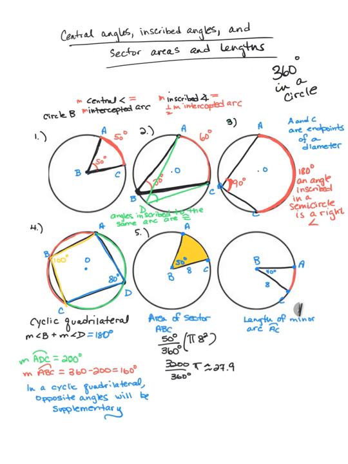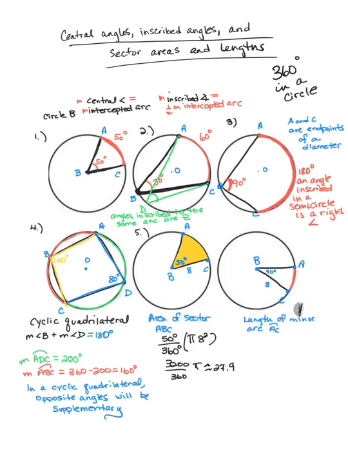If they ask you to leave it in terms of pi, you can just leave it as 3200 over 360 pi. And actually, I don't need this little degree sign here. Don't know if that would confuse anybody. So let me just get it out of there, just in case. Here we go.